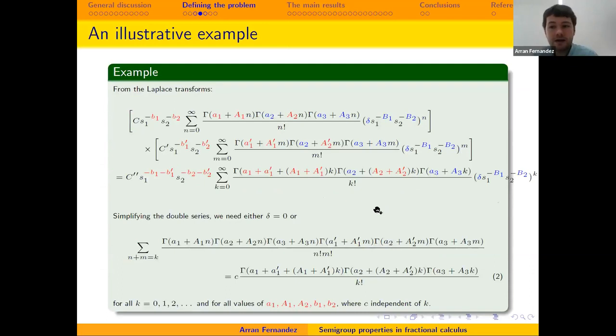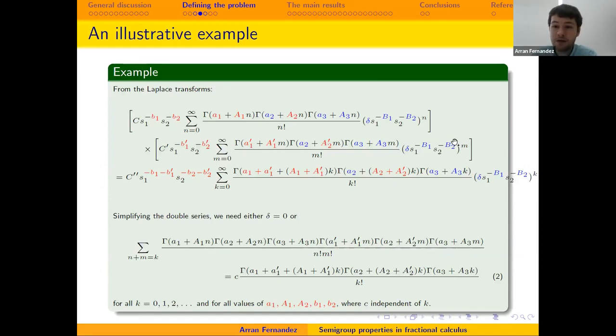So again, going with this example, this is what the multiplicative semigroup property looks like for the Laplace transforms. We have a big series, we multiply by another big series, and we get a third one. So the left-hand side is a double series. We're multiplying two series, we get a double series, and we can simplify, because in this case, everything that's inside the power, see the power to the n, power to the m, all of that is blue.